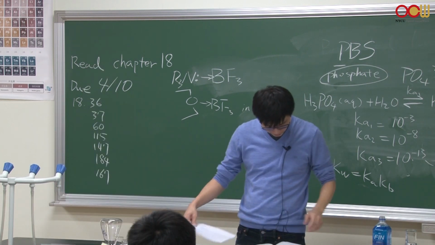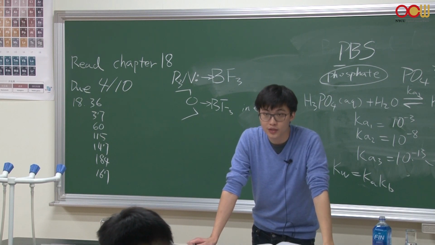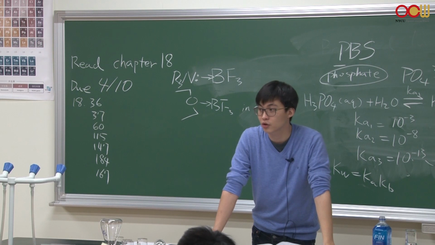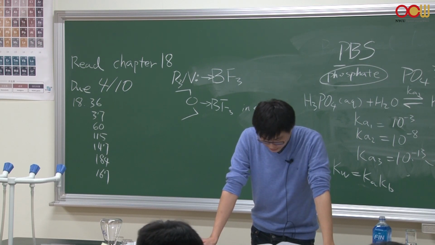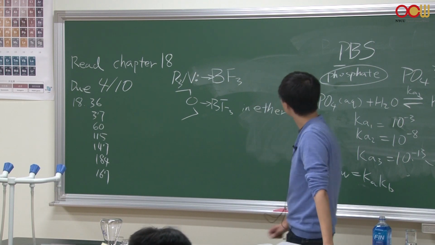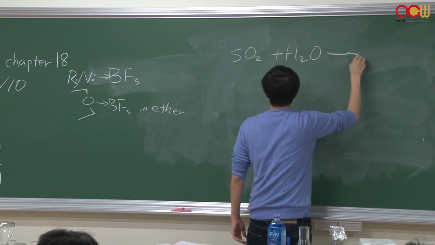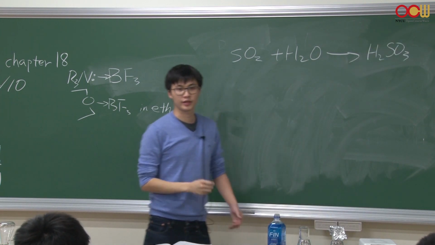So how can we tell whether something is a Lewis acid or Lewis base? You can simply look at the electron flow. Does it have an extra lone pair? Another example would be SO2. When we dissolve SO2 into water, it will generate this.